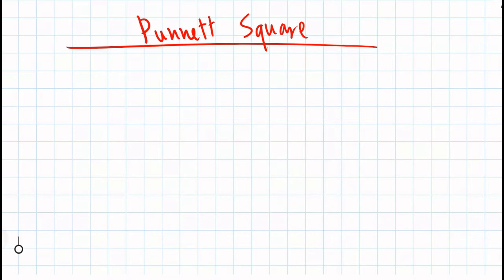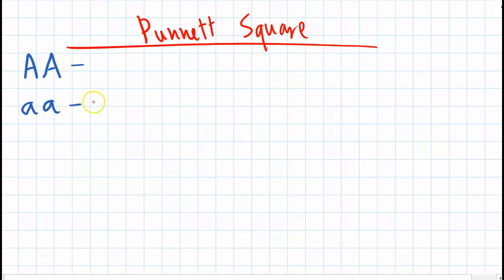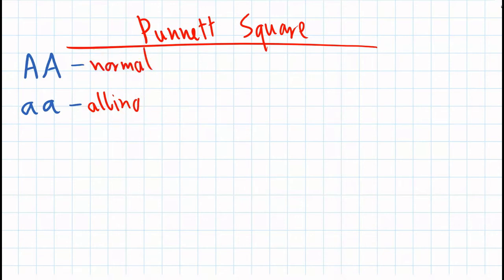We will have one person who is homozygous normal, and the other person is homozygous recessive. So that person's actually albino. So if these are the two parents, we can use a Punnett square to predict all the genotypes and the phenotypes that are possible in their children.